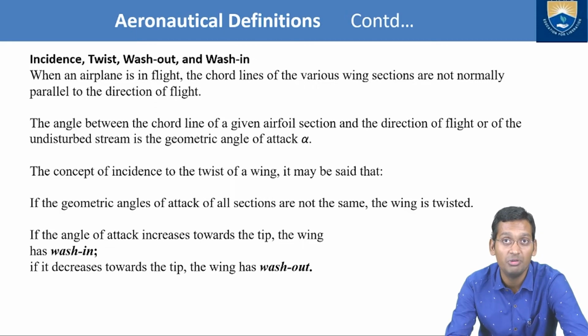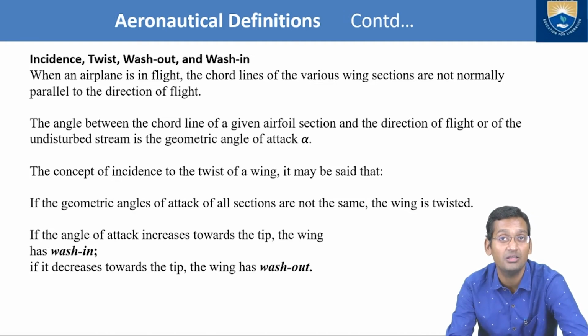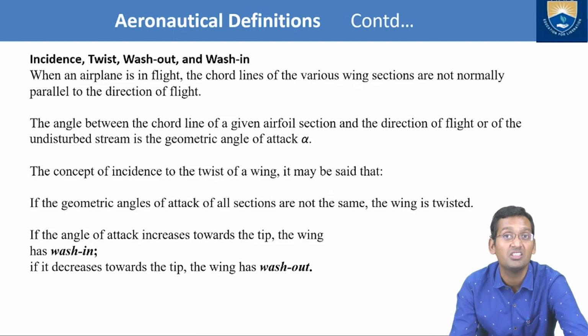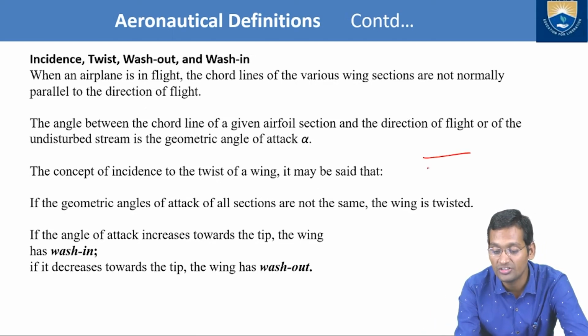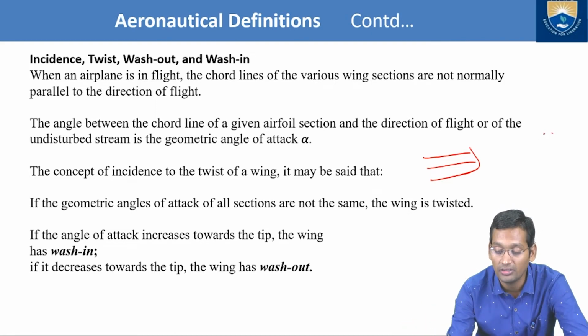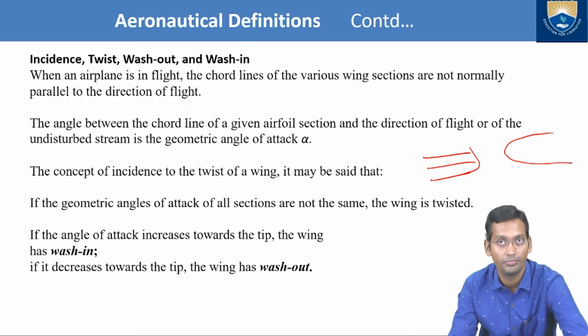Next, the angle between the chord line of a given aerofoil section and the direction of flight, or the undisturbed stream, is the geometrical angle of attack. Now just see here, undisturbed stream. This stream should not be deviated. Then whatever angle they form is called the angle of attack. Here the aircraft is coming, right?